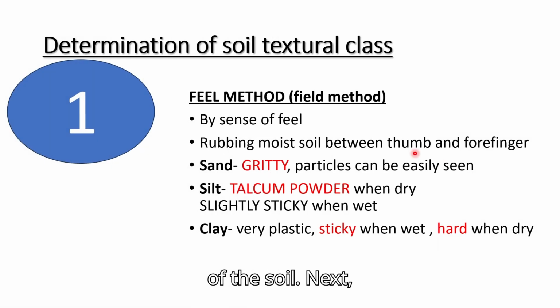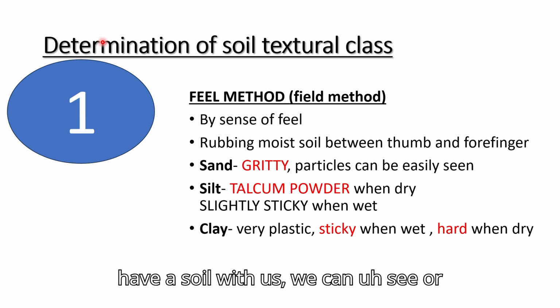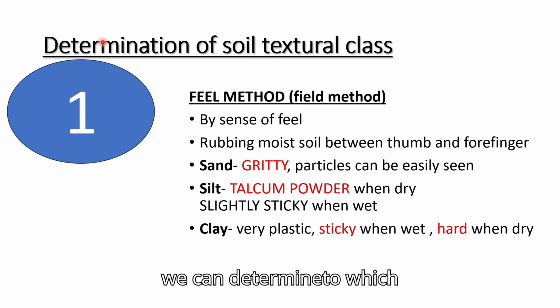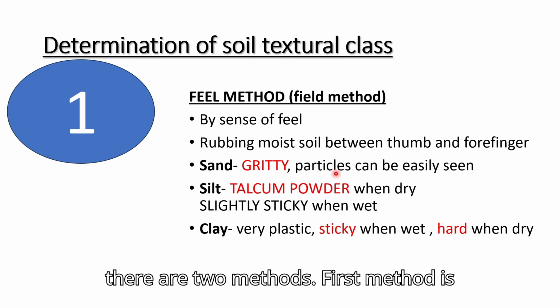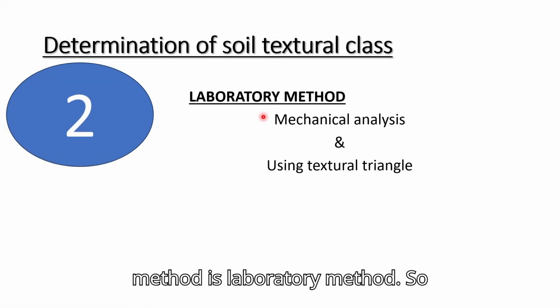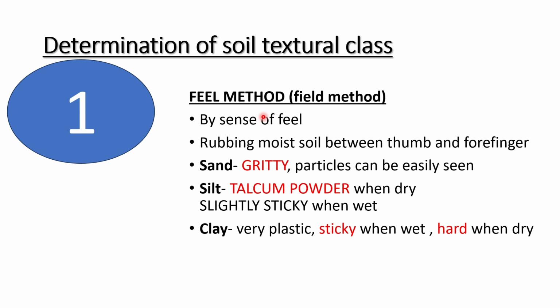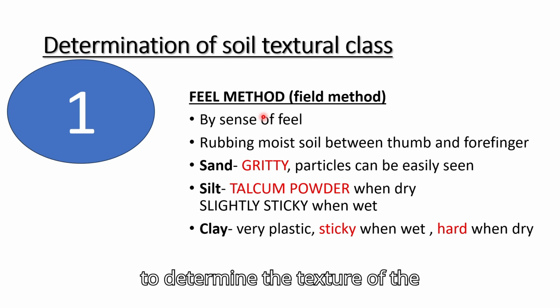Next, we can determine the soil textural class. That means if we have a soil with us, we can determine what texture that soil has. There are two methods. The first is the field method, and the second is the laboratory method. Suppose I am in the field and I have to determine the texture of the soil of that field.